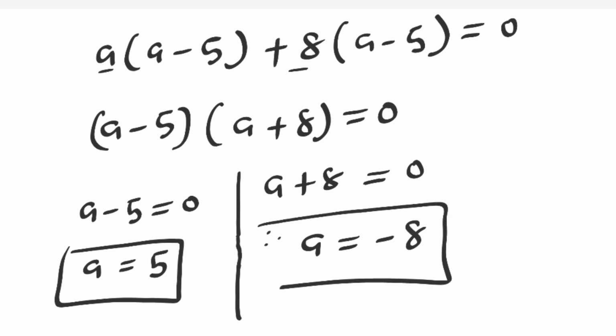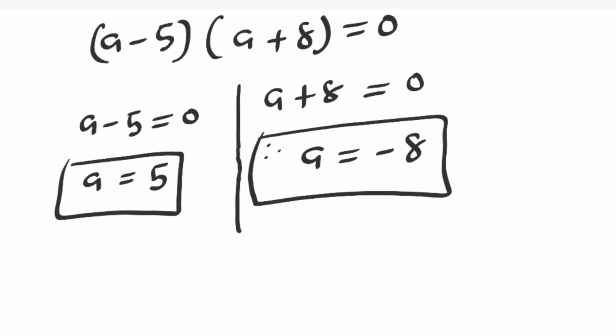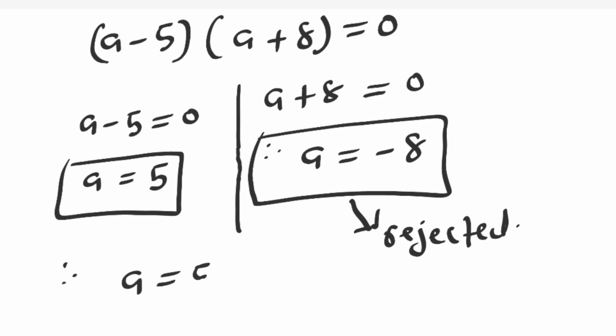This is the second value of a. But since no number base can take the negative value, this is rejected. Because no number base can take the negative value. Therefore, the only real solution we have is a is equal to 5.